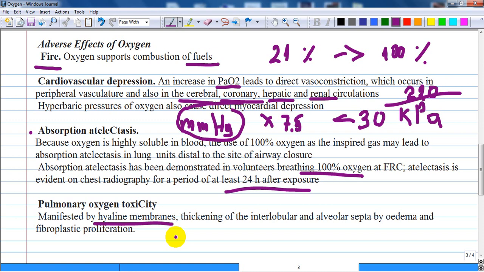The clinical and radiological appearance of these changes is almost identical to that of acute respiratory distress syndrome. Almost identical.